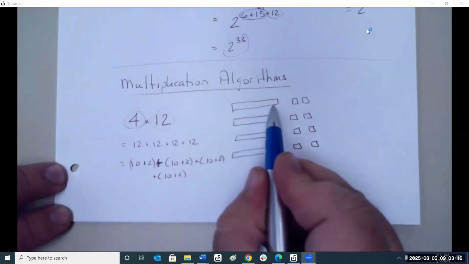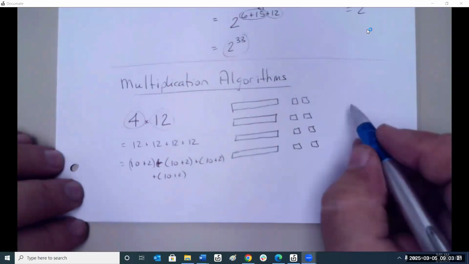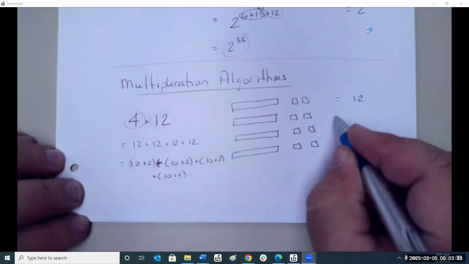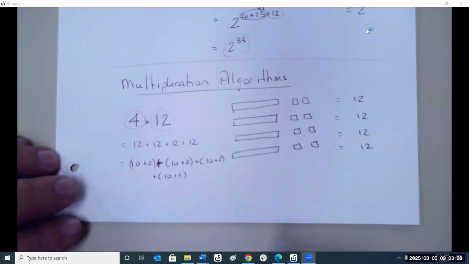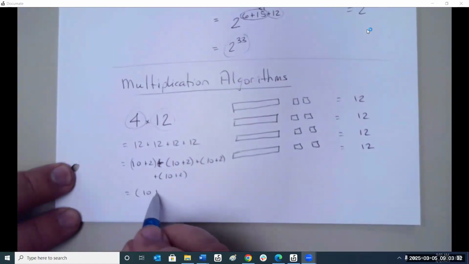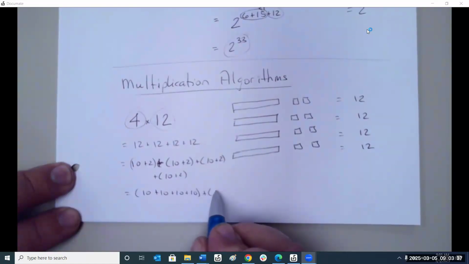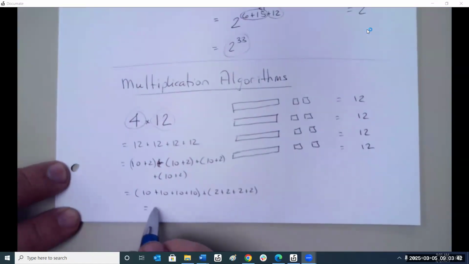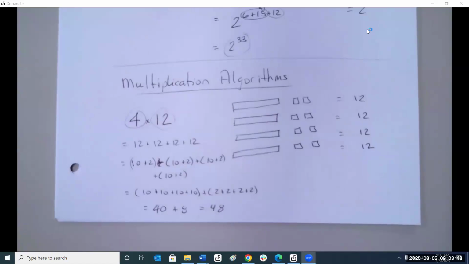These all equal 12. Add up all the 10s. Add up all the 2s. Then we get 48.